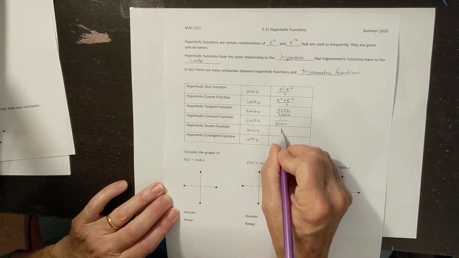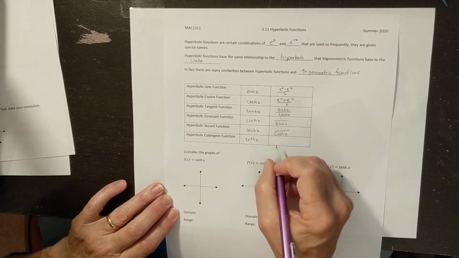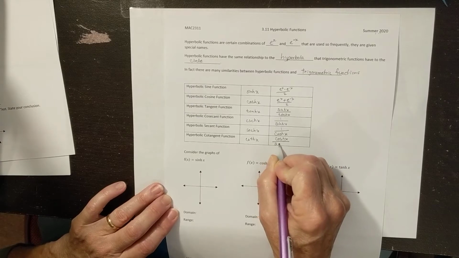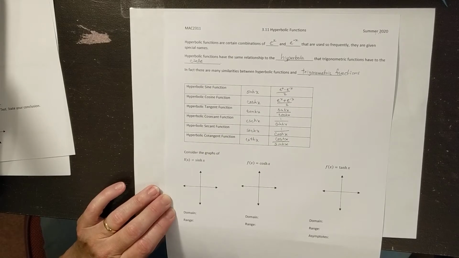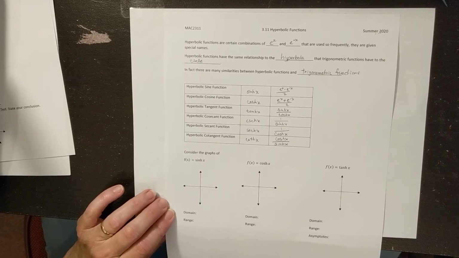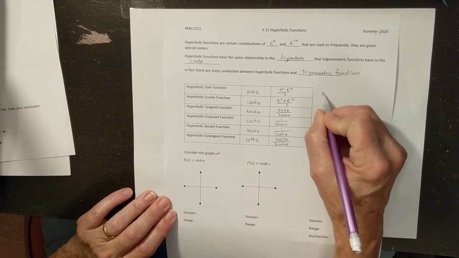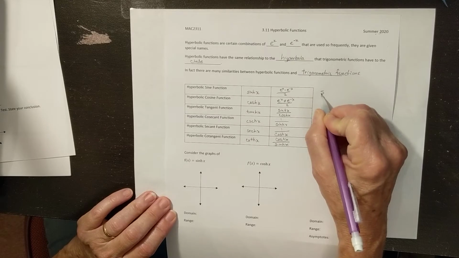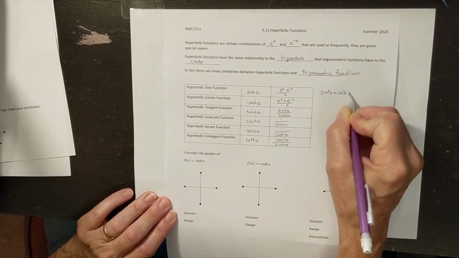Secant is 1 over the hyperbolic cosine, and cotangent is the hyperbolic cosine over hyperbolic sine, just like you have seen before. There are identities for the hyperbolic functions that are analogous to the trig identities. They are not exactly the same, but if you'll recall in trig, the Pythagorean identities, here is one: sine squared of x plus cosine squared of x is equal to 1.